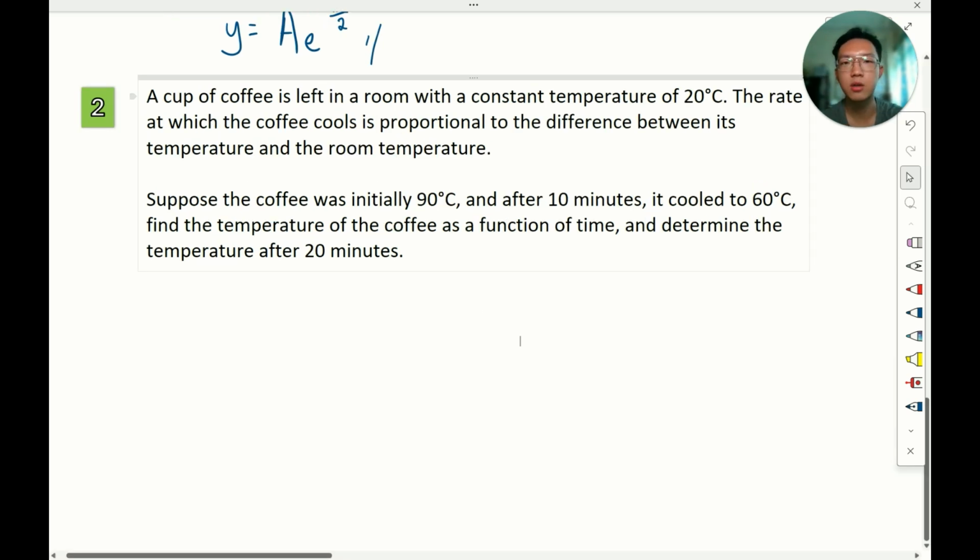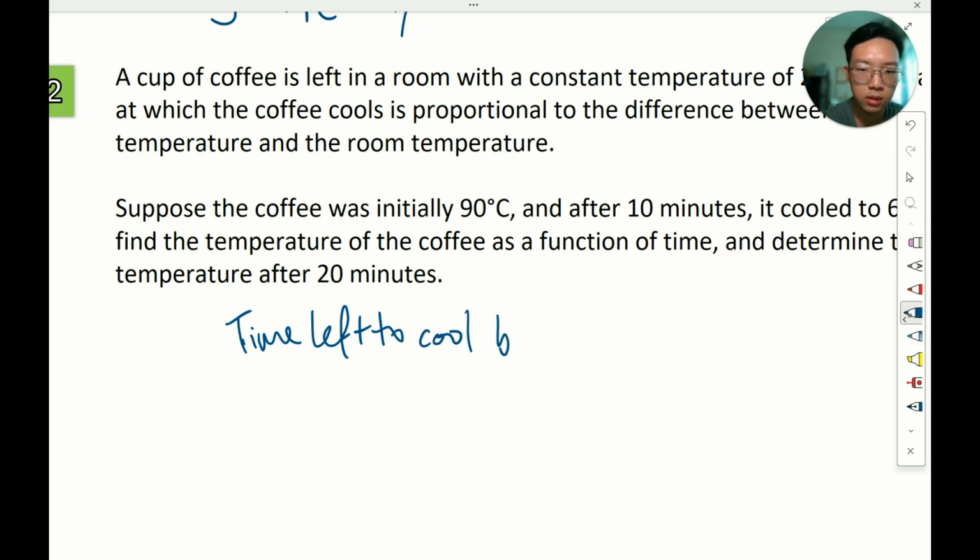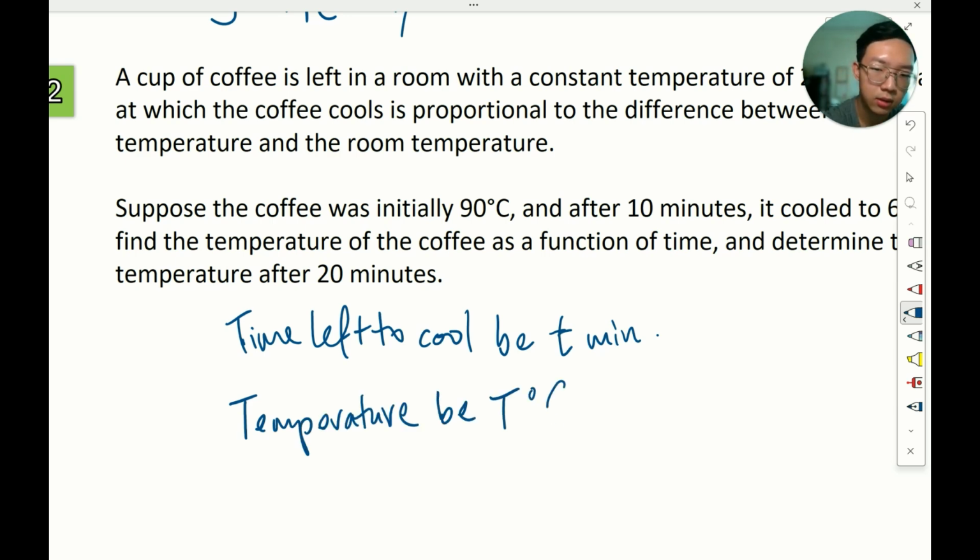Okay, let's break down the question here. Suppose the coffee was initially at 90 degrees. Let the time that is left to cool be t minutes, and the temperature be T degrees Celsius. Big T and small t.